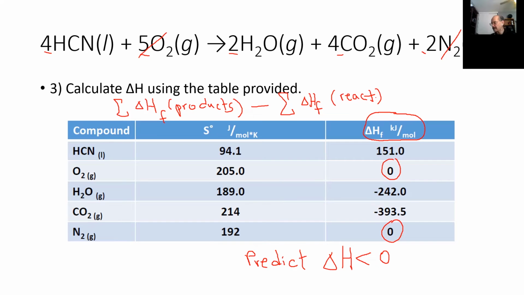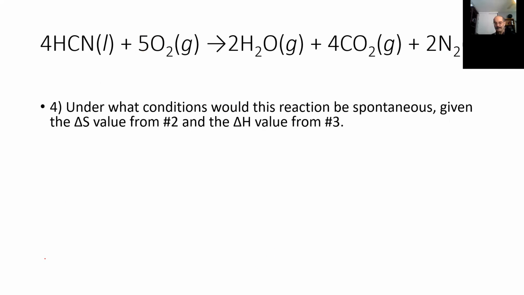So when you do the calculations, I don't know if you guys did it already, but that's what you should get. And let's see now, based on these values, what do you think will happen? Will the reaction be spontaneous, given the delta S value from number 2 and from number 3?